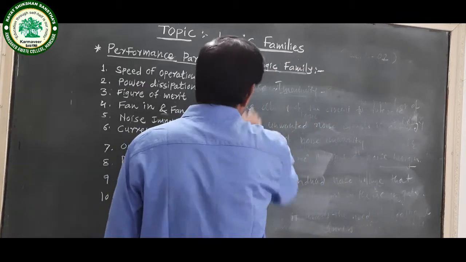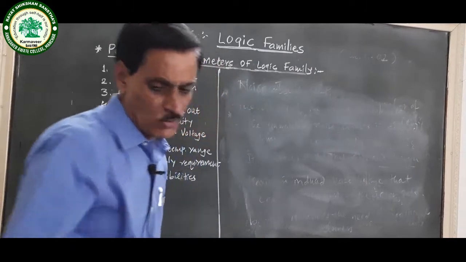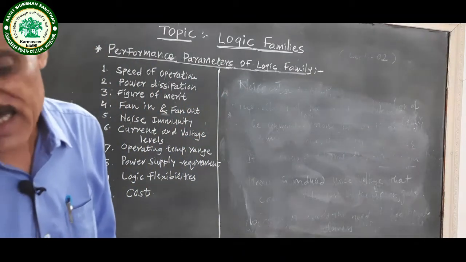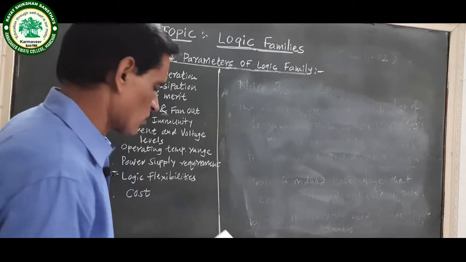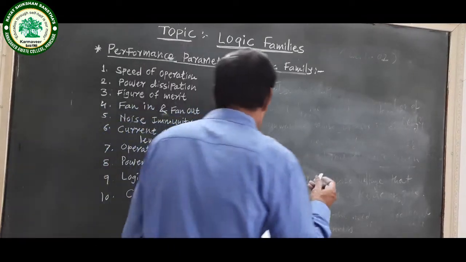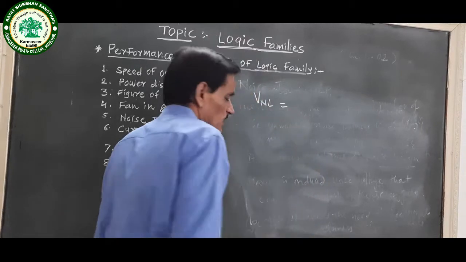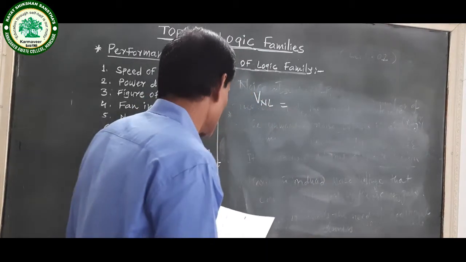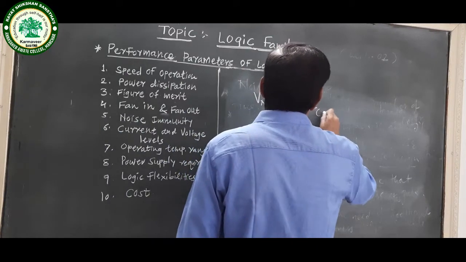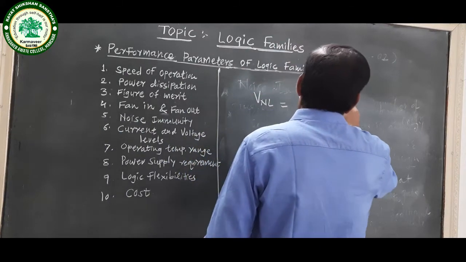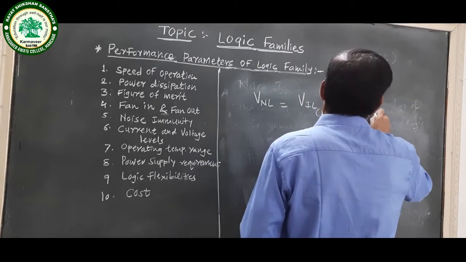There are two types of noise margins: low level noise margin and high level noise margin. We are not interested in obtaining the relations for that. But the two types are VNL, which is the difference between VIL maximum minus VOL maximum.